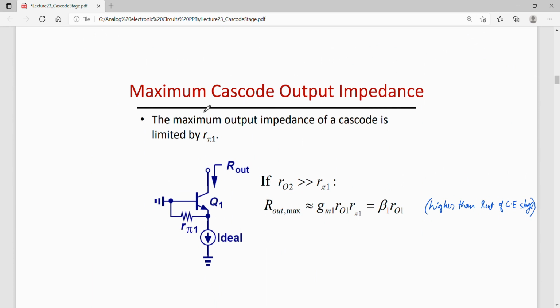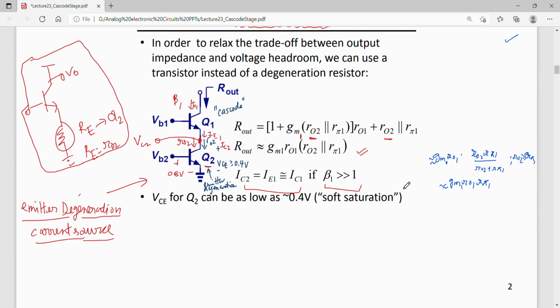Now the maximum output impedance of this cascode is limited by R pi 1. In the previous equation, if I assume RO2 is much greater than R pi 1, then R out can be written as gm1 RO1 R pi 1.